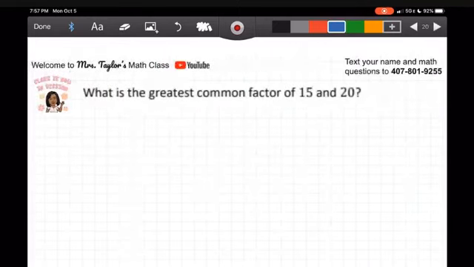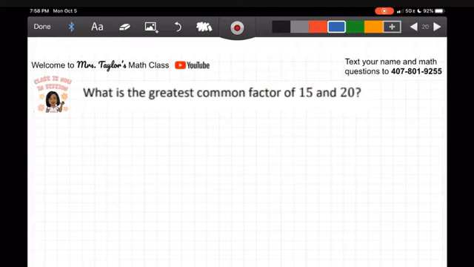Okay, let's do another one. Greatest common factor. Oh boy, a lot of people get this mixed up. So we have greatest common factor, we got least common multiple, but this is like some confusing stuff sometimes. But greatest common factor. What is the greatest common factor of 15 and 20?